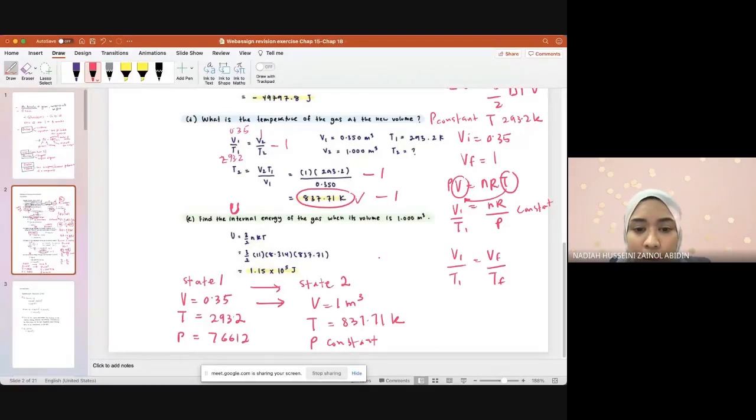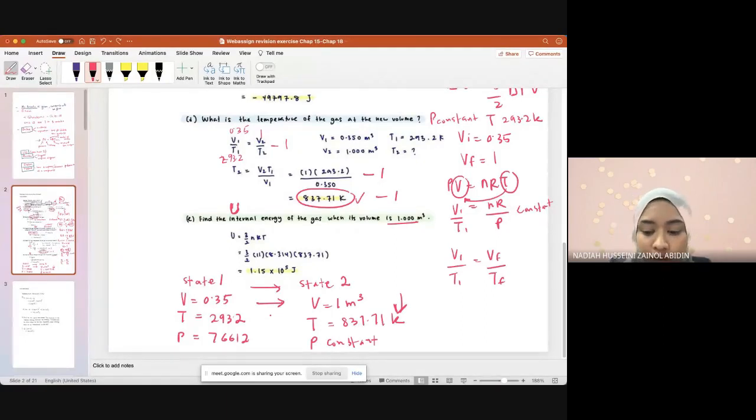So here, when they are asking you to find the internal energy of the gas when its volume is 1 meter cube, the temperature that you should use if you decide to use temperature in your equation should be this one. Do not use the other one because you are already in state 2. At state 2, the volume is 1, but at the same time the temperature is also different.